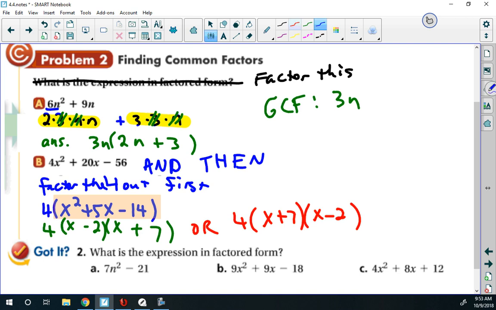However, if you wrote your answer as 4 times x plus 2 times x minus 7, in that case your signs wouldn't jive. Okay, so that's a good question. It doesn't really matter what order you put these 2 binomials in as long as your signs are okay. Excellent question.